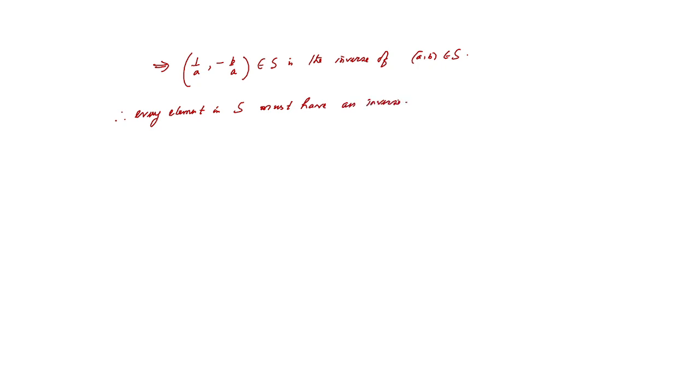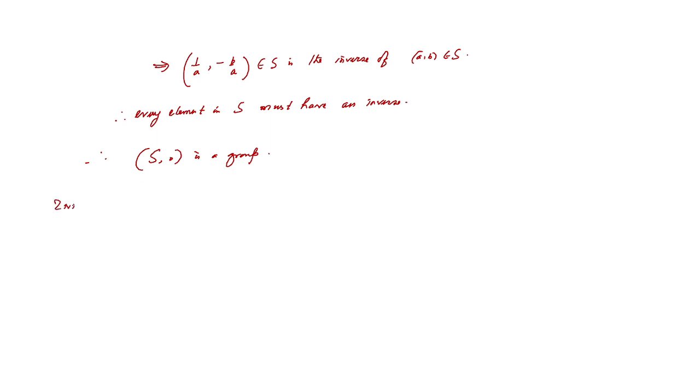So all the properties, closure, associativity, existence of identity and inverse, all hold. So we conclude that this composition is a group. So the first part is done.